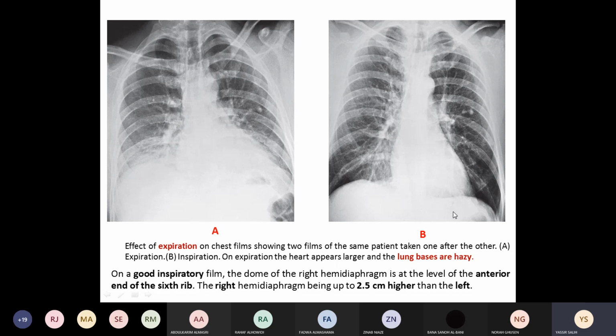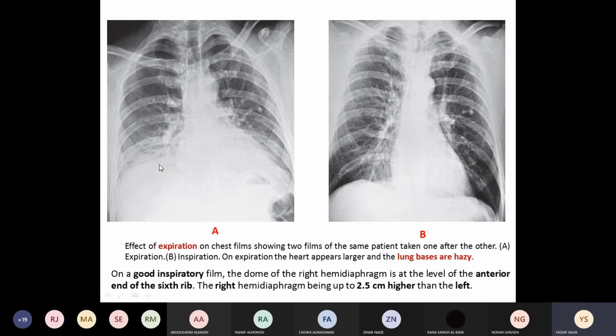So from this slide, you have to know that the chest X-ray should be done on inspiration to avoid haziness of the lung like this, and you have to know how to assess the inspiratory film from the expiratory by counting the ribs.